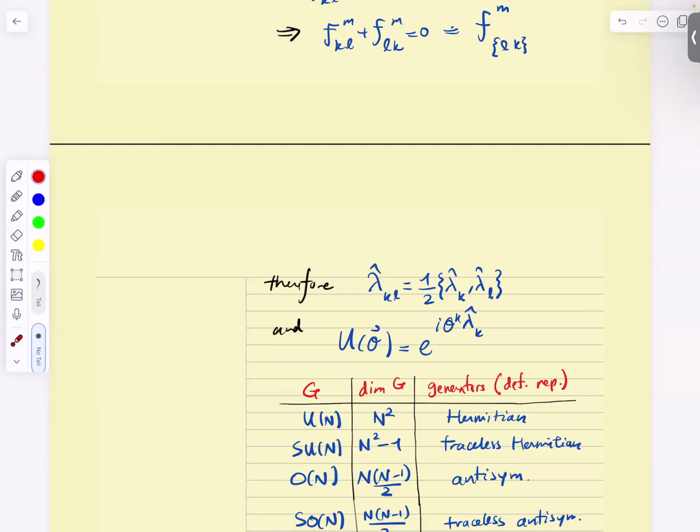All right, I have lied a little bit. Can anyone say where I've lied? When I said the structure constants are independent of the representation, let me call this C. What do you notice about this?